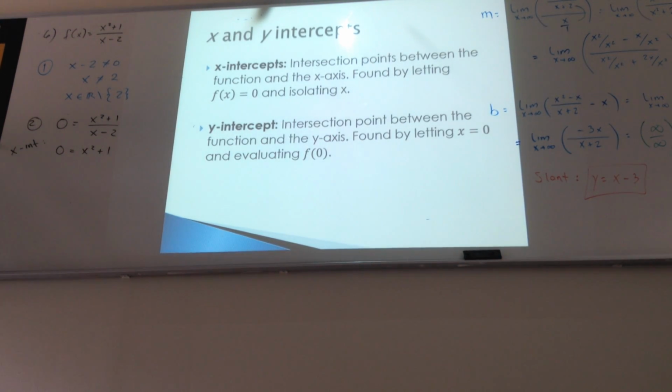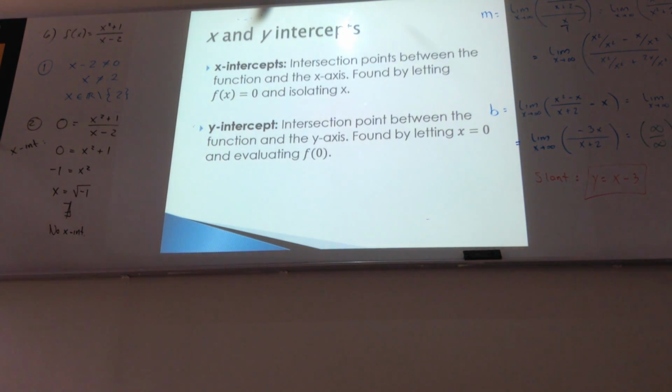Then negative 1 equal to x squared, so x is equal to the square root of negative 1. Is that possible? No, it doesn't exist. That means that there is no x-intercept. Good.